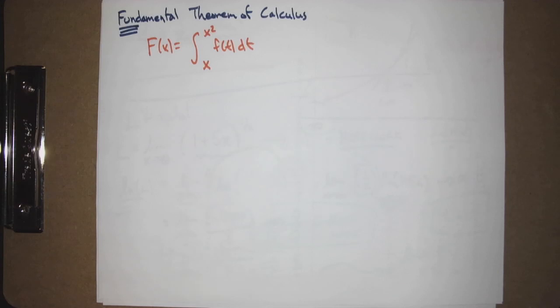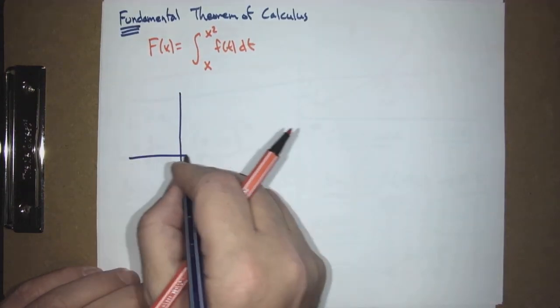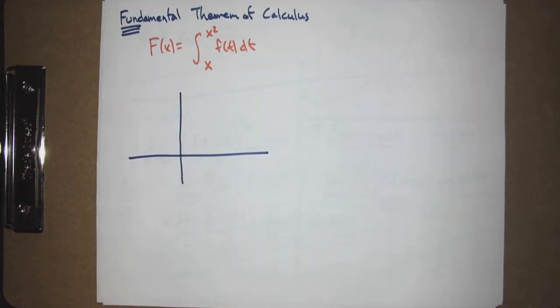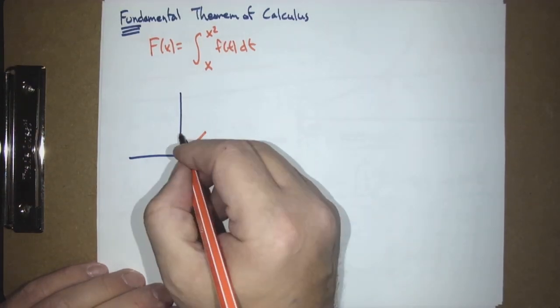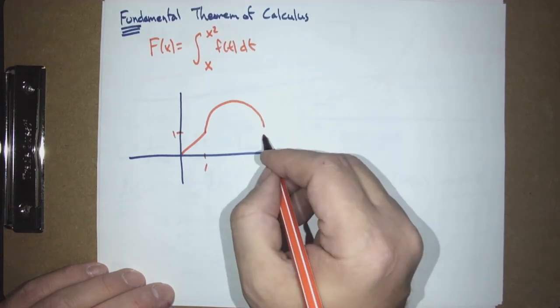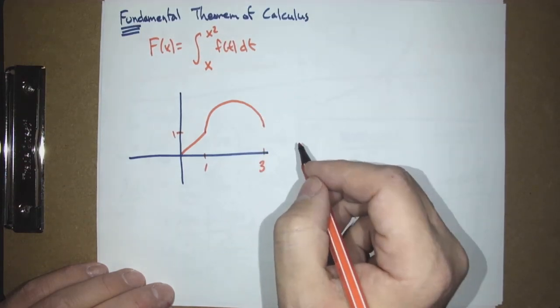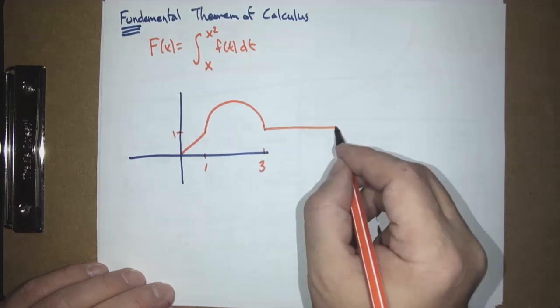They might give it to us explicitly, or maybe they draw a picture. We like pictures. Picture perfect. Okay, so we can draw a little picture here. We'll say this is 1. We'll say this is 1. We'll say this is a half circle, getting us to 3. And then we'll say this is flat.